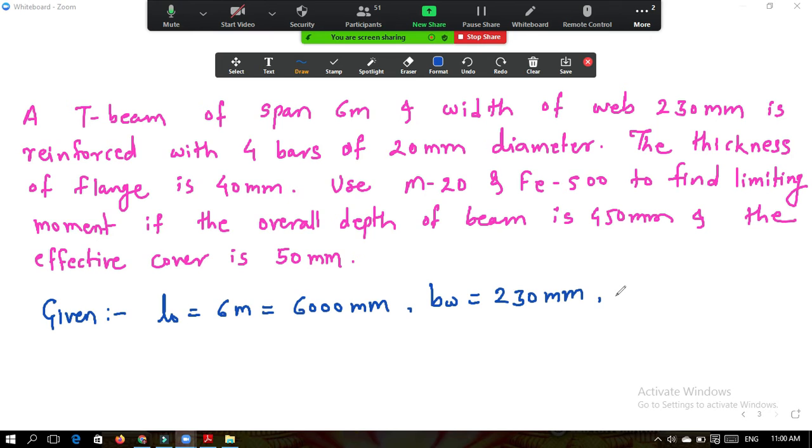After that, DF, depth of flange, it is 40 mm. Then FCK, we know FCK it is 20 Newton per mm square. Then FY is 500 MPa.